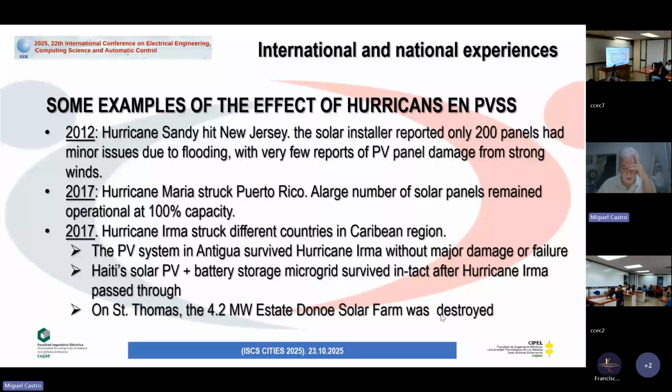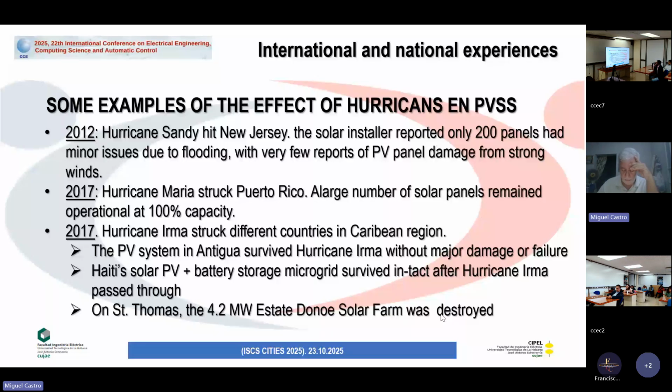In 2017, when Hurricane Maria struck Puerto Rico, even at wind speeds of more than 288 kilometers per hour, a large number of solar panels remained operational at 100% capacity. For example, the PV system located at the San Juan VA Hospital remained functional through the storm.